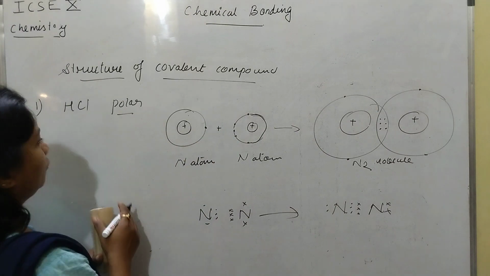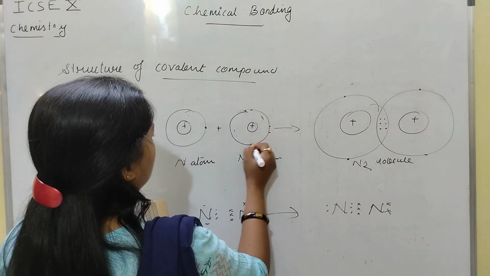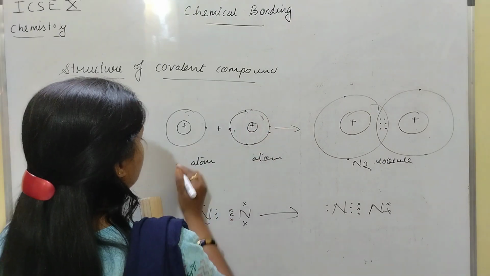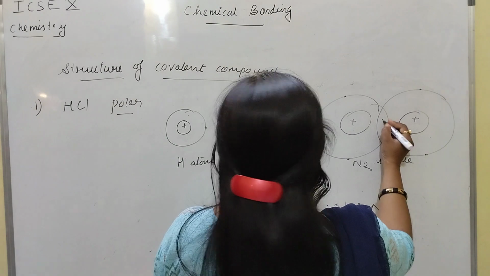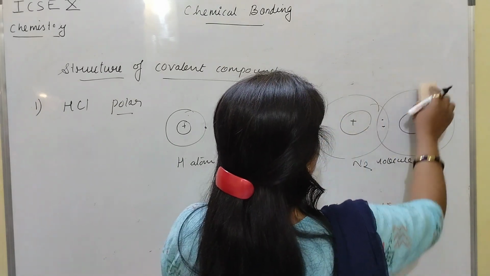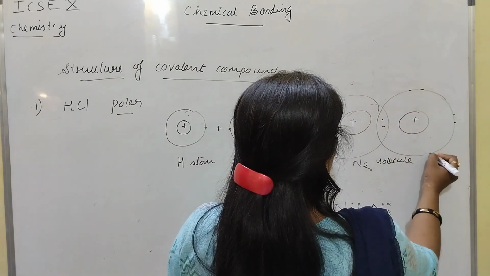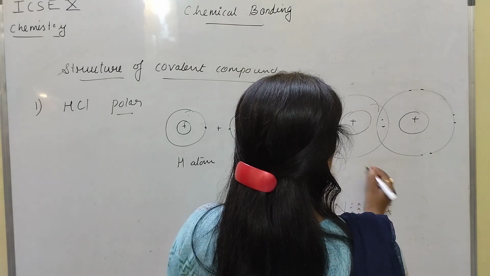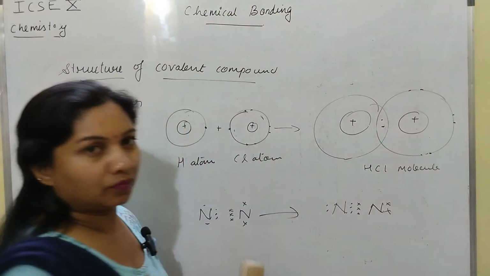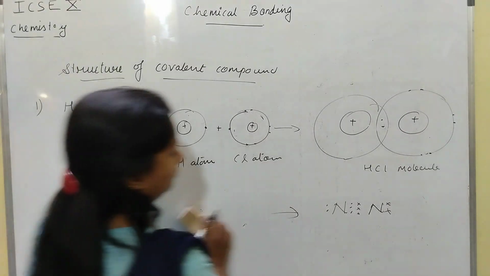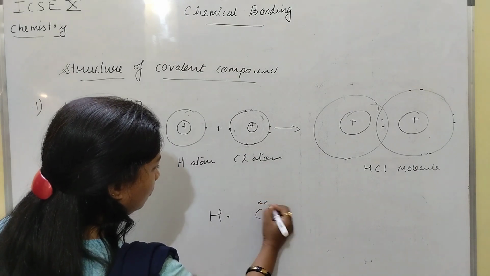One electron of hydrogen and 7 electrons of chlorine. Hydrogen 1 electron, chlorine 7 electrons.